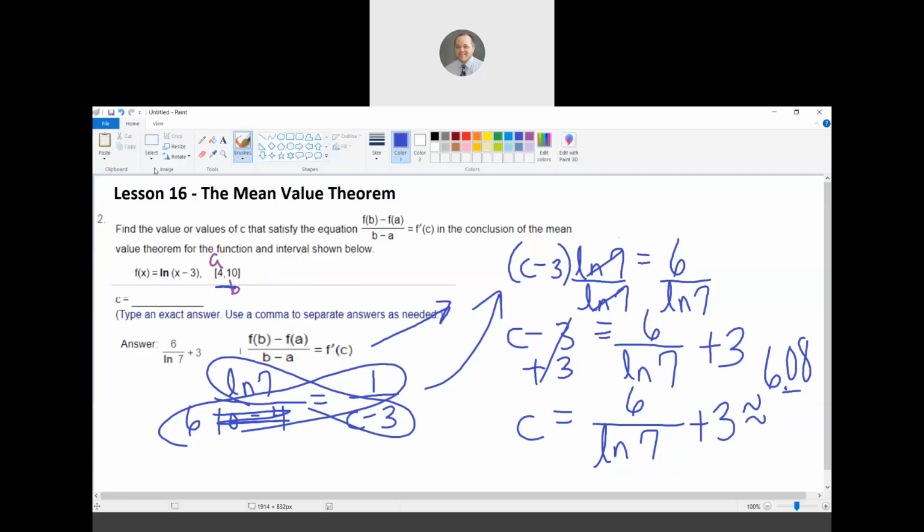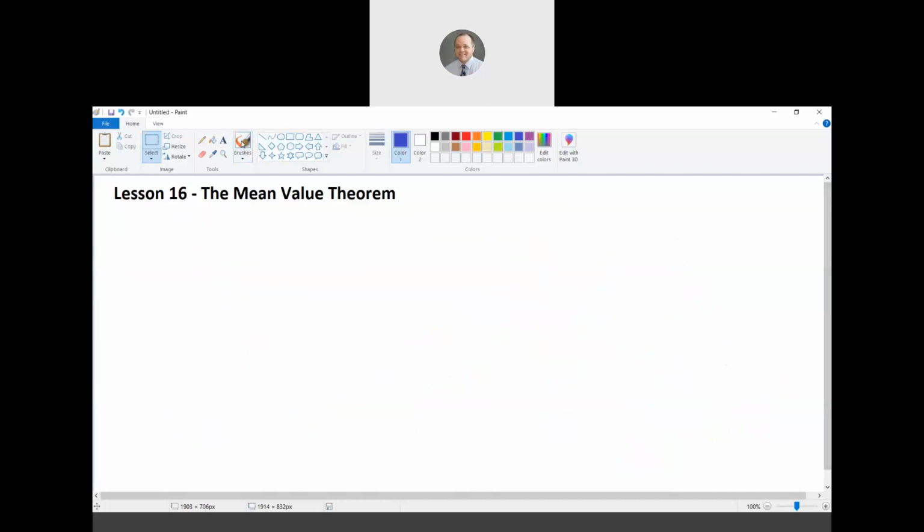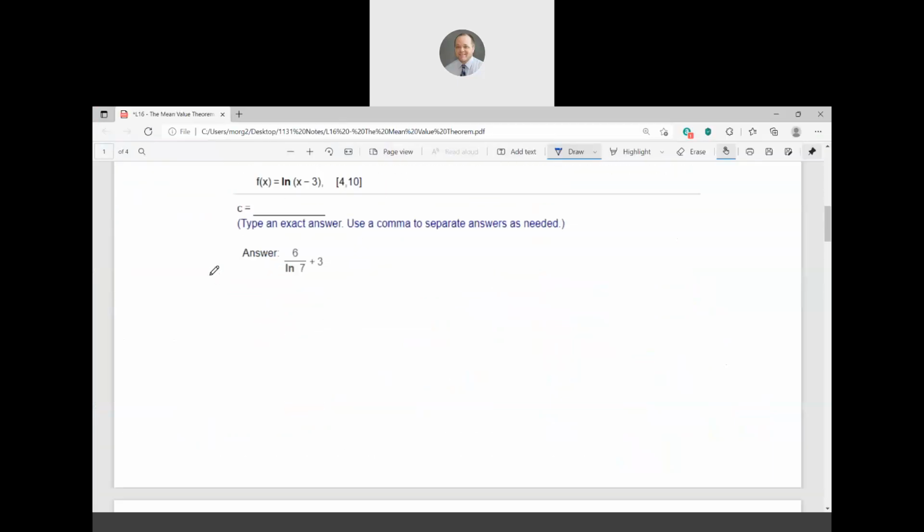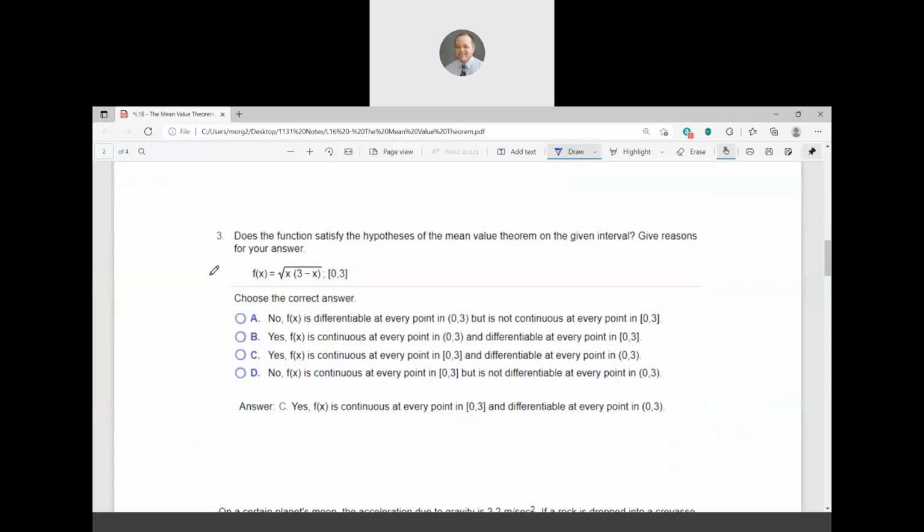All right, let's look at another problem. Hang on just a minute. Let me screenshot it. Question 3. And I'll just mark our answer here.